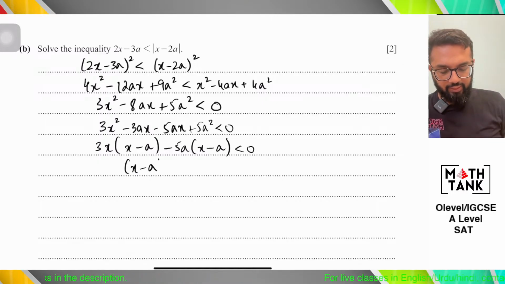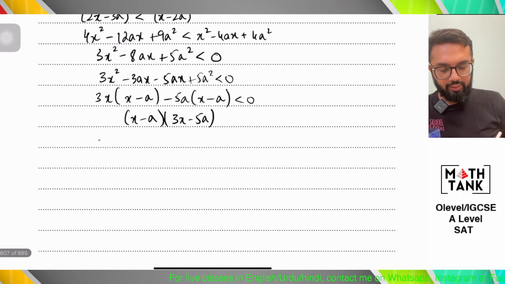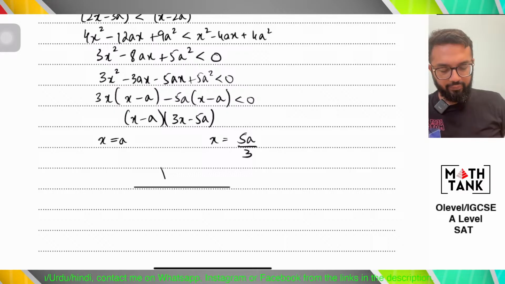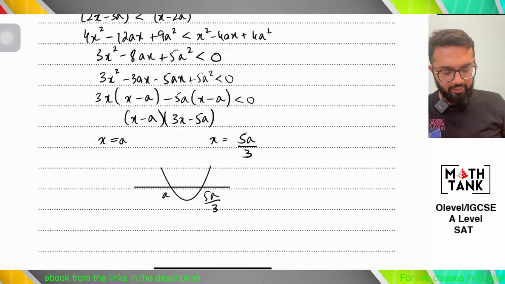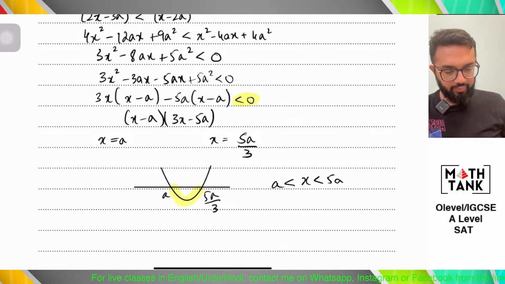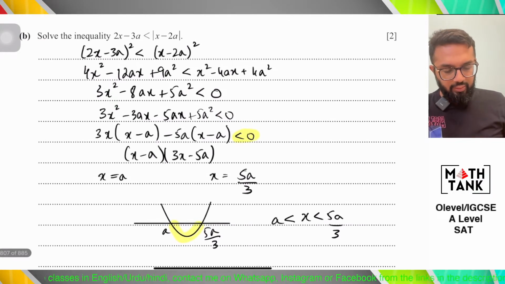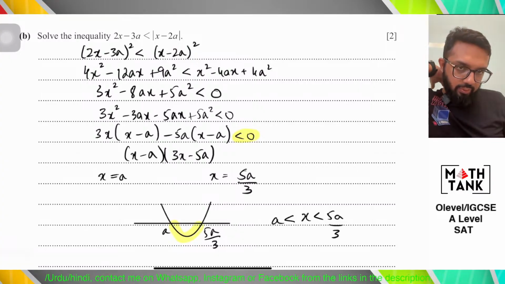I factorize this and take out two roots: x equals a or x equals 5a over 3. I'm going to make a small sketch for a quadratic with a and 5a over 3. I want less than 0, so x should be between a and 5a over 3.